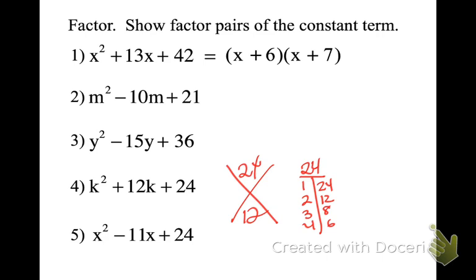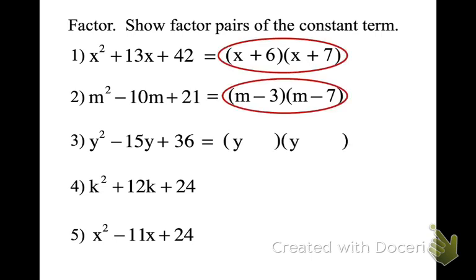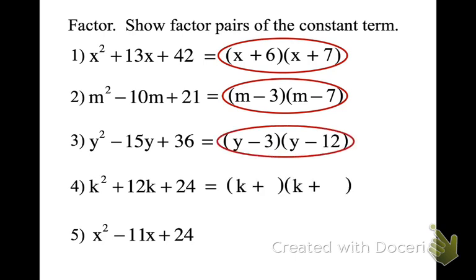I'm sorry, to 12. What adds and subtracts to 12? Nope. Okay, nothing does. So in that case, you've just proven it to yourself. You're going to say not factorable. Try not to overuse that. How did we know that? We made a factor tower and proved it to ourselves. So make sure you're making that factor tower.